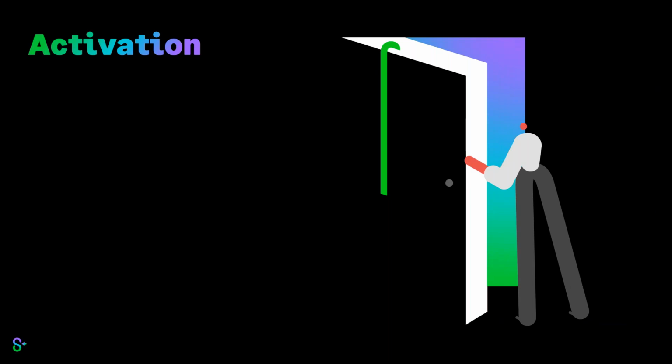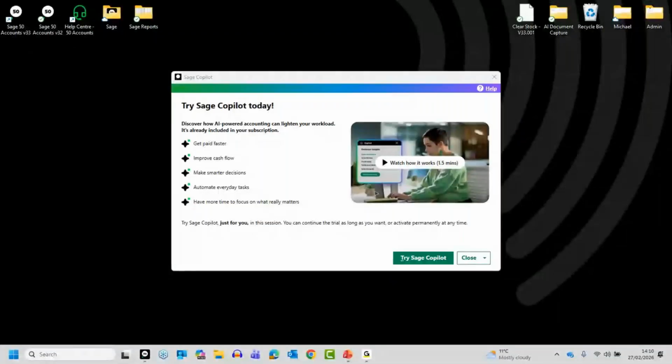What I'm going to show you is, if you're on version 33 and you haven't yet activated Copilot, when you go into version 33, you will get this prompt: Try Sage Copilot today. So when you've logged on and you're going into your company, you're going to get this prompt.